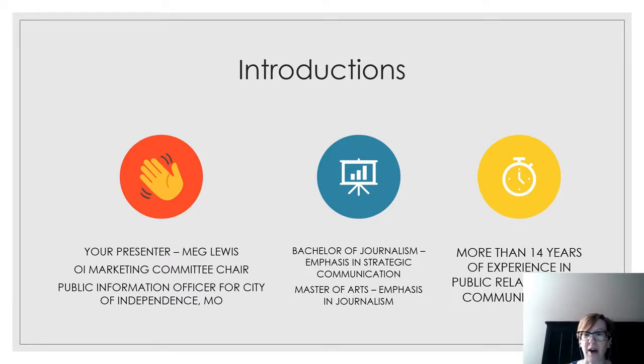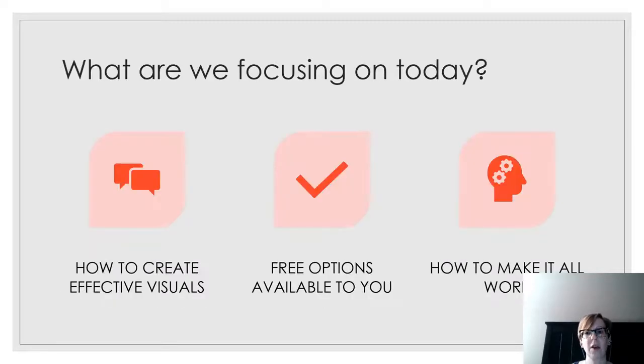We're going to talk about a few of the key things to look for in this presentation. One of the things that we're going to focus on today is how to create effective visuals, and I'm going to give you a few key design themes, guidelines, and reference tips to help you make more effective visuals.